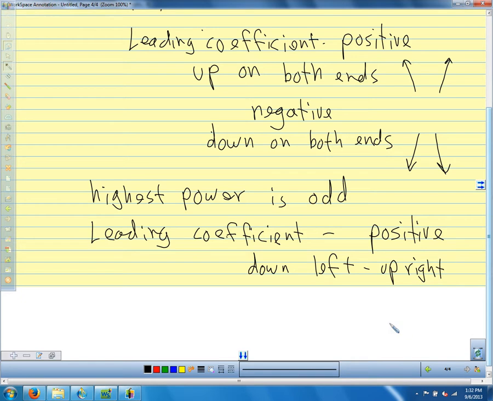And we usually draw a little diagram like that. So eventually, if our highest power is odd and the leading coefficient is positive, this is what our function is going to look like as x gets very large negative and as x gets very large positive. You can do a lot of things in between, but eventually this is what's going to happen to our function.